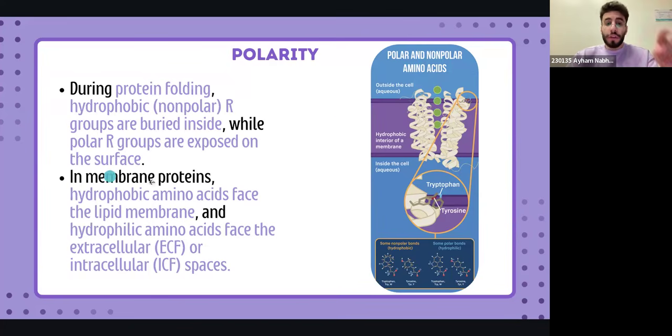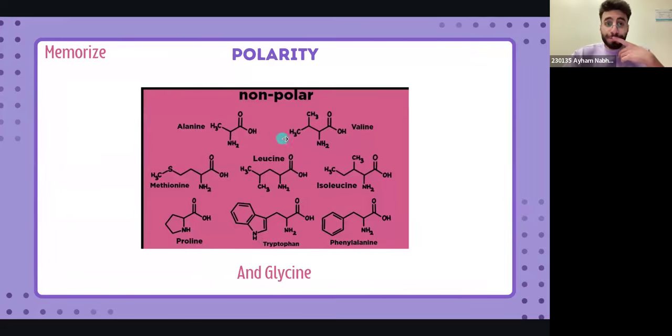Okay, so as you can see over here, in membrane proteins, hydrophobic amino acids face the lipid membrane, as we said, they're going to be throughout the plasma membrane. Whereas the hydrophilic amino acids are going to face the extracellular or intracellular spaces. And that's it. Okay, so that's for the polarity.